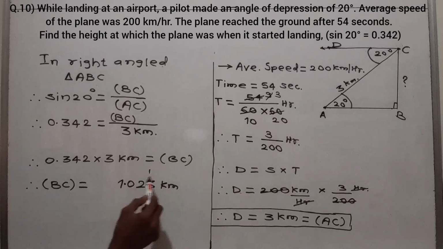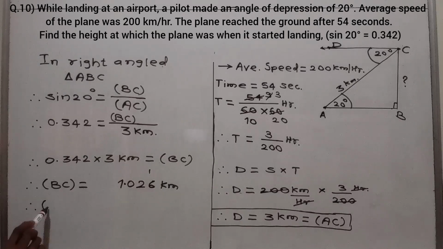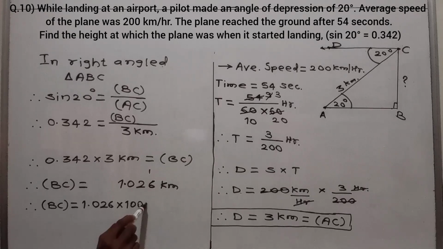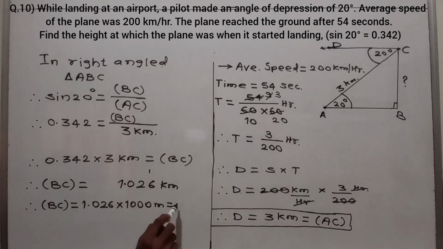Now we convert this kilometer into meter also. You convert this. Therefore BC is equal to 1.026 into 1000 meter. Did you get it? Kilometers into meter. Then see 3 decimal places here, 3 zeros. So 1026 meter.